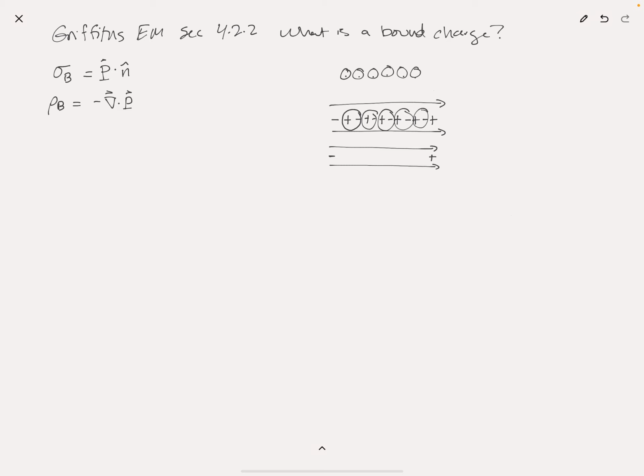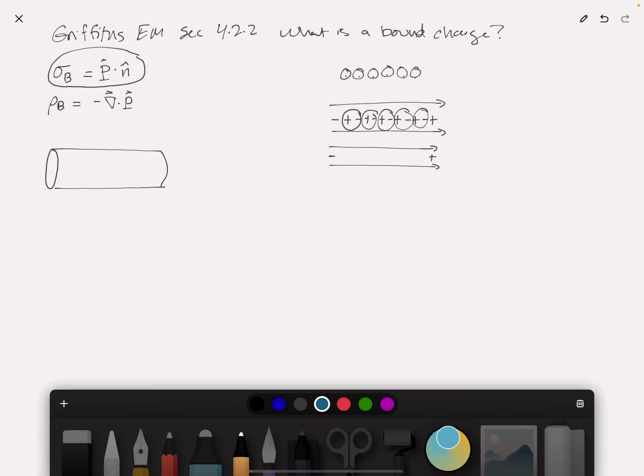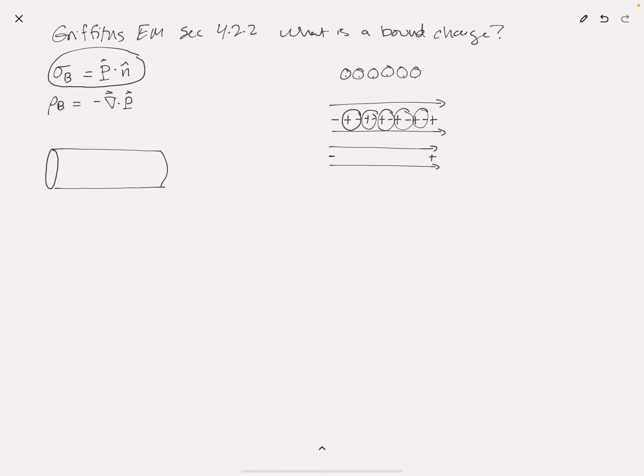Now, why does the bound surface charge density have this dot product associated with it? Okay, so let's make another argument. Let's extend from a 1D material to a 2D material. I'm going to go ahead and pretend here that this material is built from a whole bunch of these.